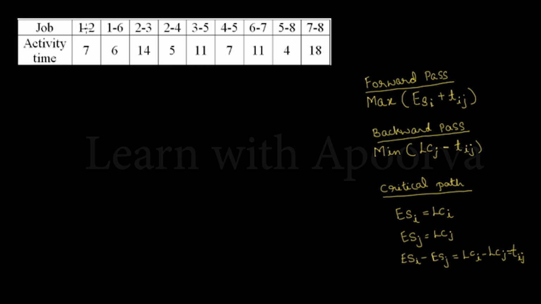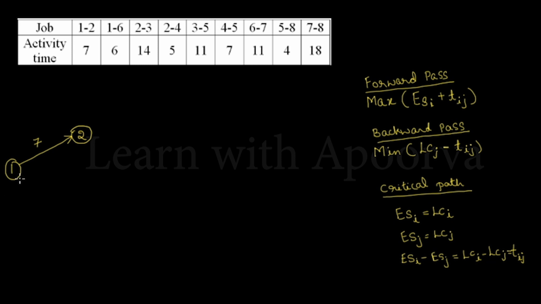So, this is the node 1 and 2. So, we have an activity between the node 1 and 2. I will start from the node 1 and I will move towards the node 2 and the activity duration is 7. So, next we have activity between 1 and 6.